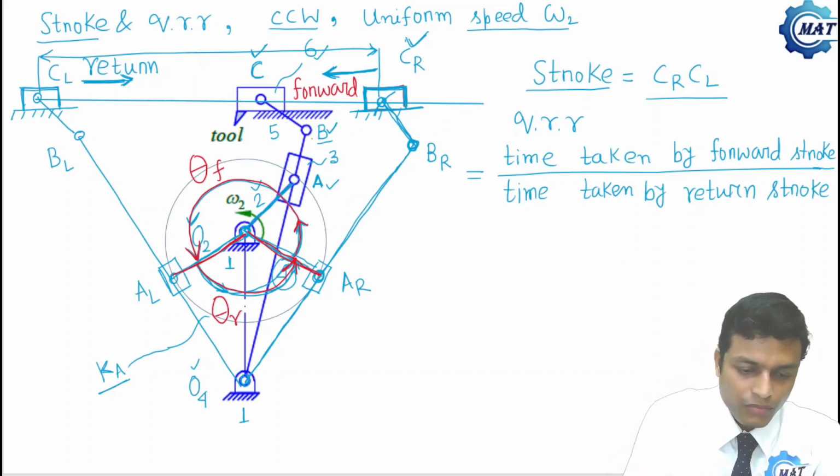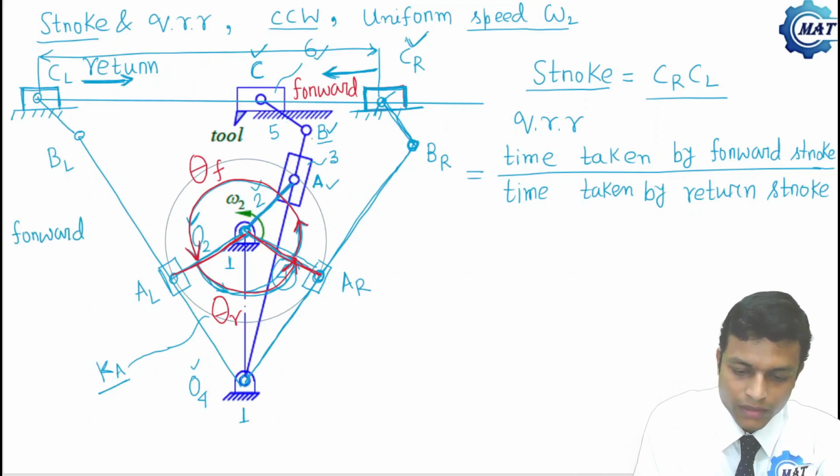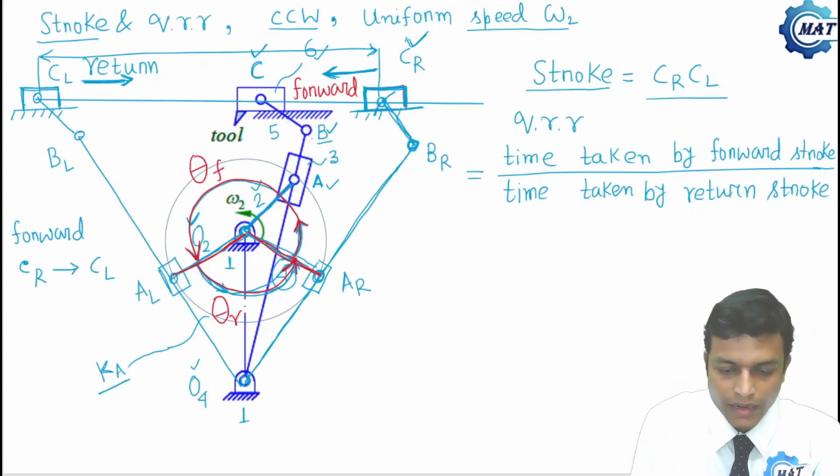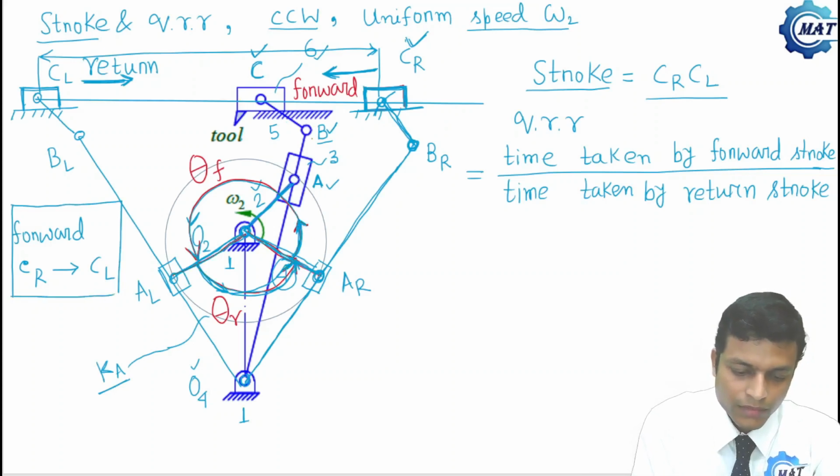So in forward motion, the slider moves from CR to CL in left hand direction. And in return motion, the slider moves from CL to CR.